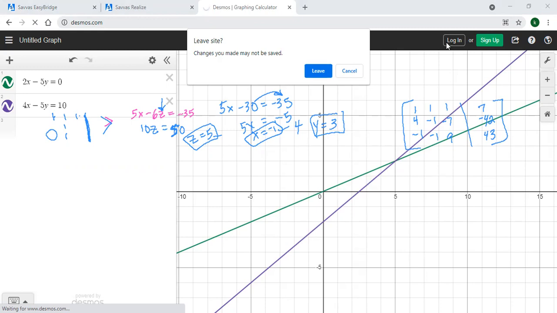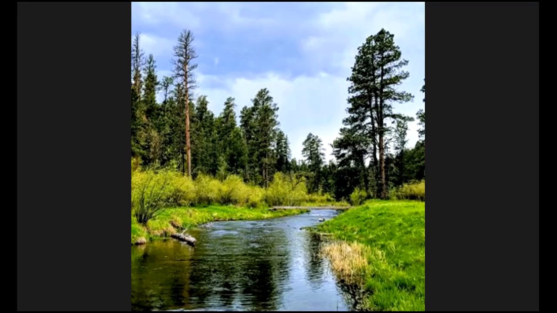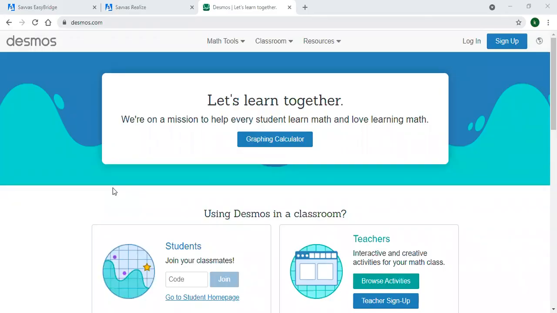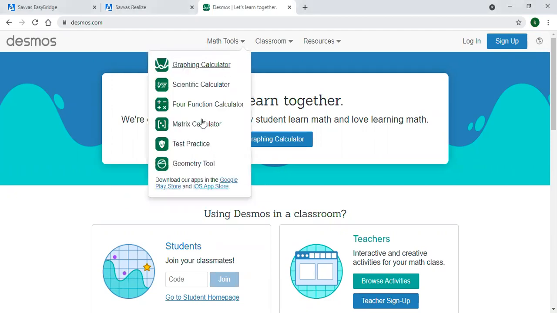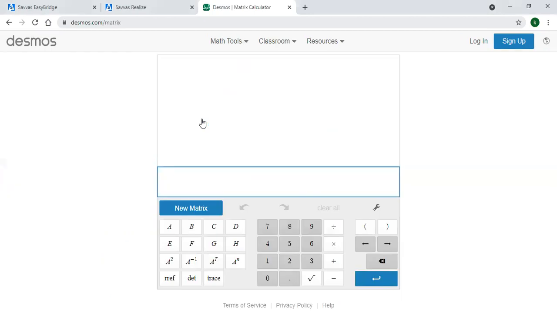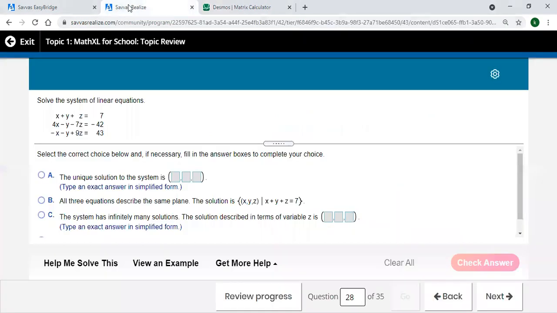Well, let's see what's going on here. All right, I had a pop-up window that was covered up, couldn't see it. So then once you get to this window, your math tools, matrix calculator. Oh boy, now I think I lost my matrix that I wrote out, didn't I? Let's see. Shoot.